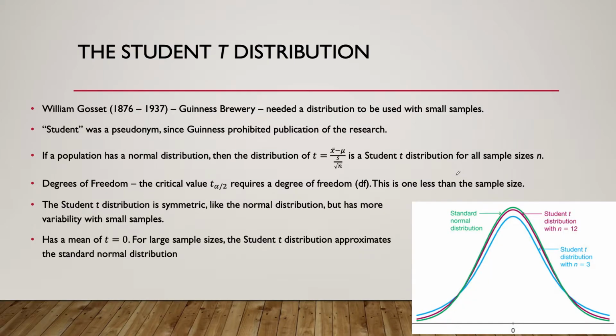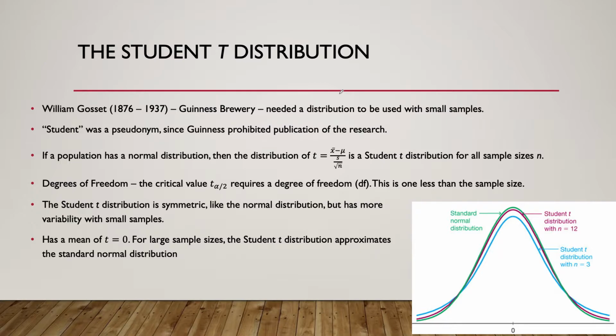The student t distribution was discovered by William Gosset, born 1876, died 1937. While he was working at Guinness Brewery, he was researching a way to calculate these probabilities involving small sample sizes, because typically the normal distribution should not be used with small sample sizes.